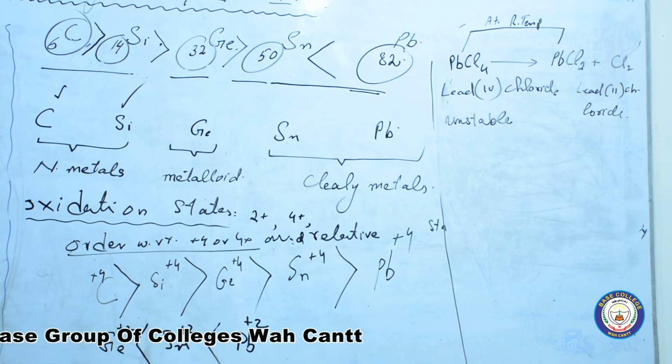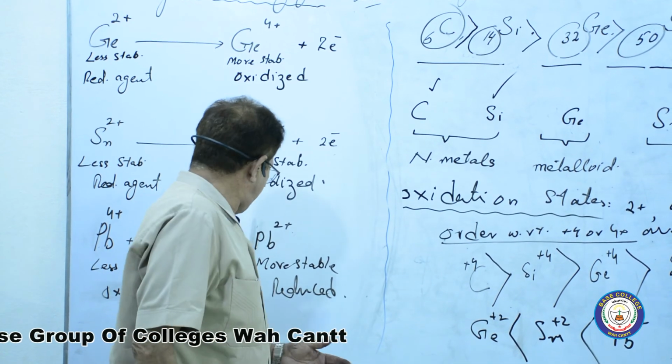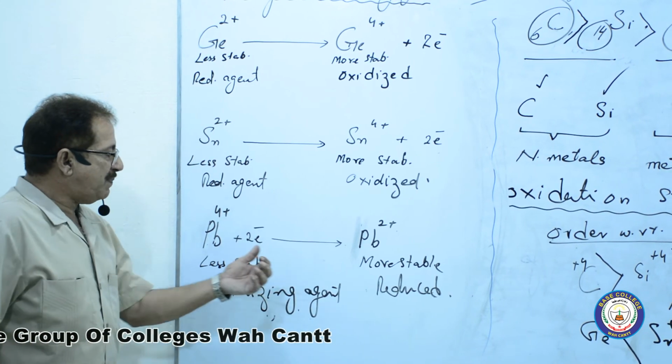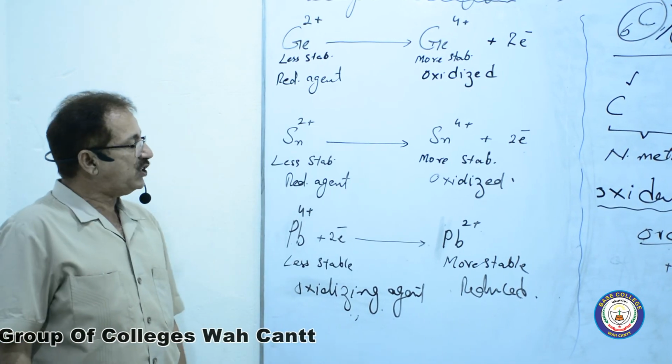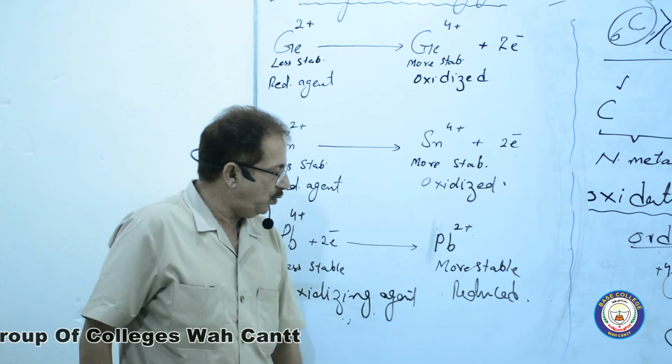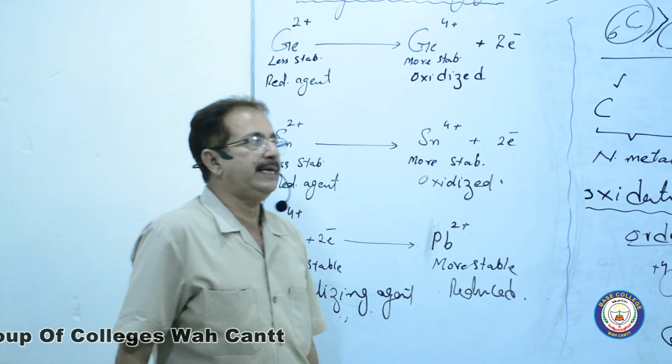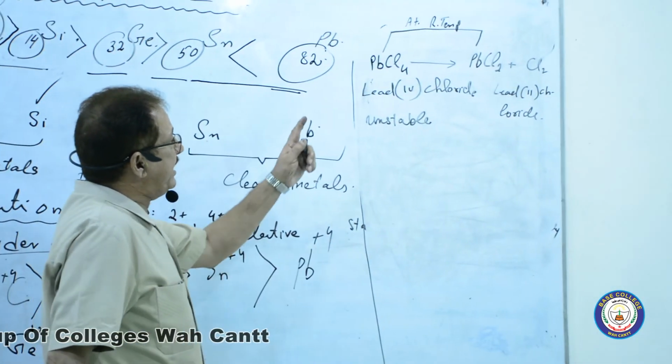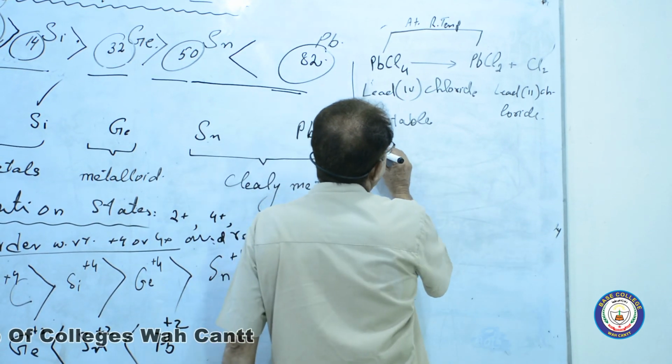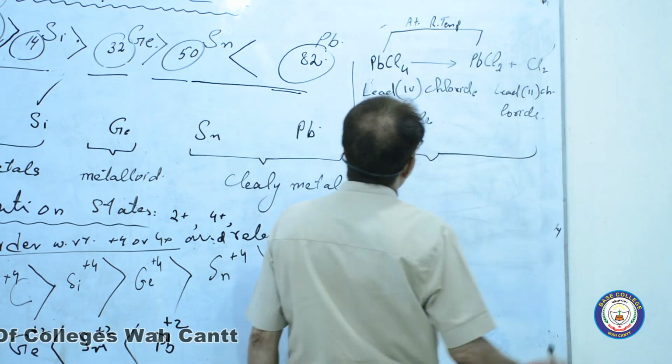So it indicates that Pb plus 2 is more stable. That's why lead 4 has been changed into lead 2 positive. That is the decomposition at room temperature.